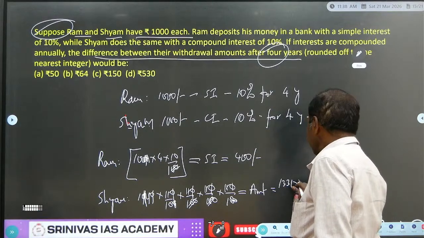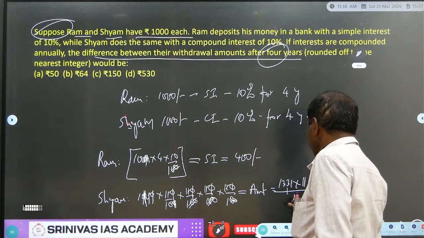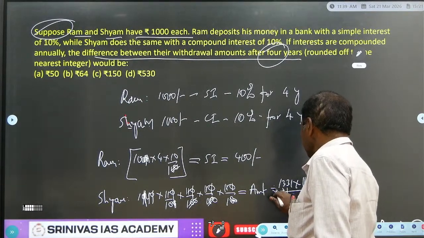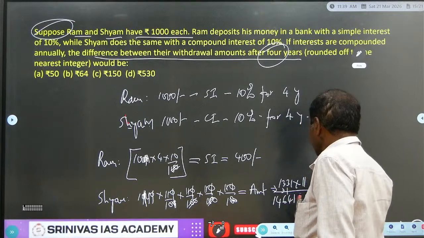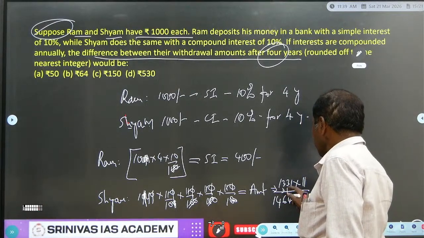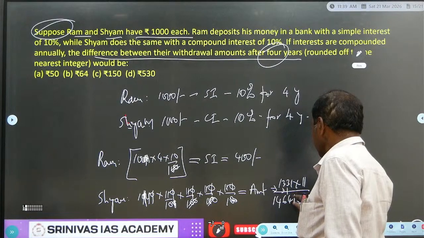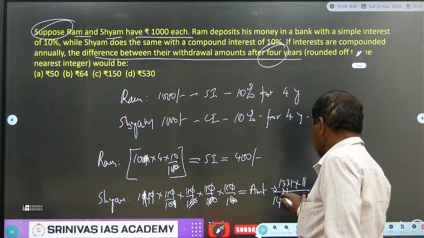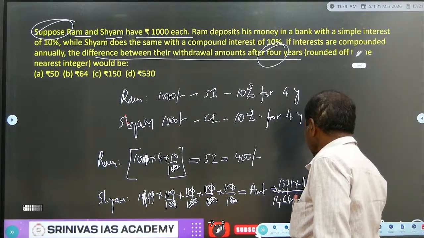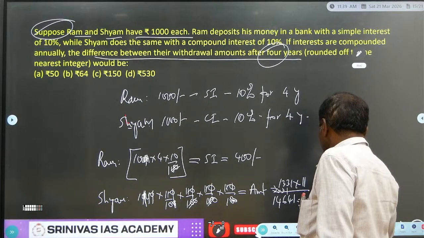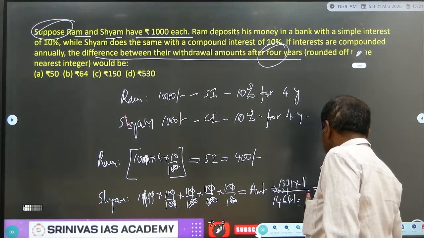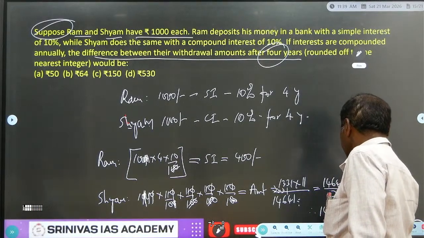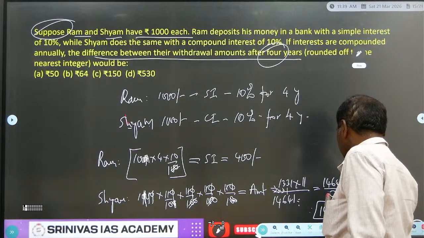1,331 into 11 gives 14,641. Then you can take 14,641 by 10. Therefore, 1,464.1.